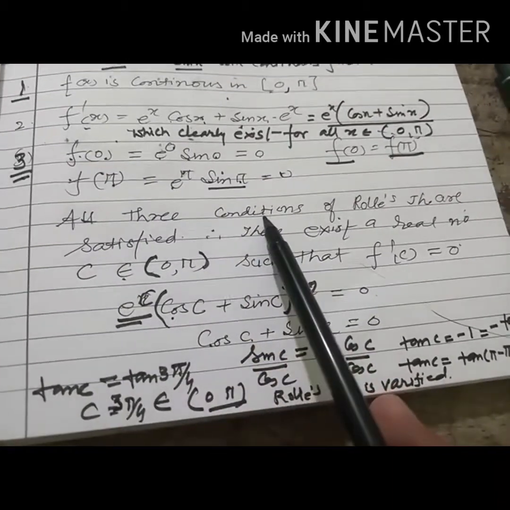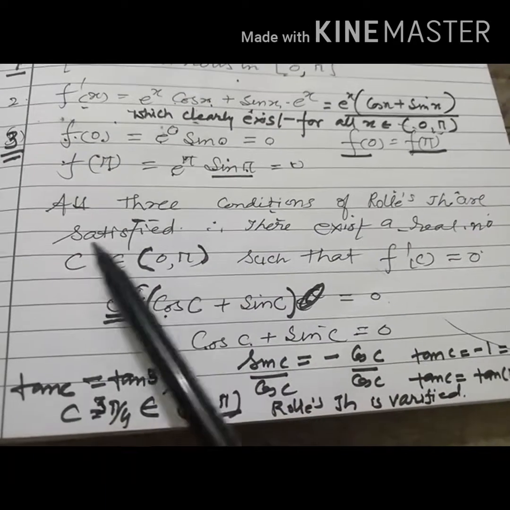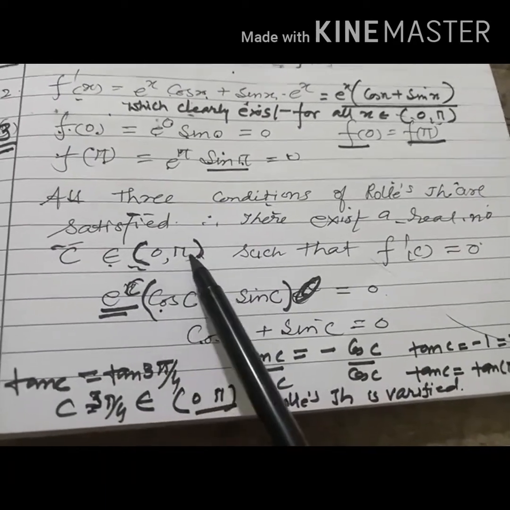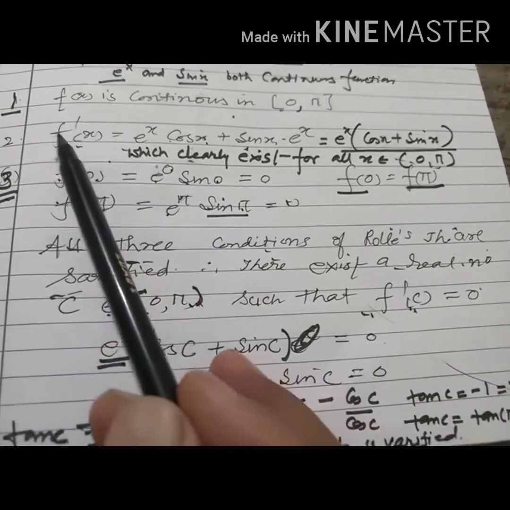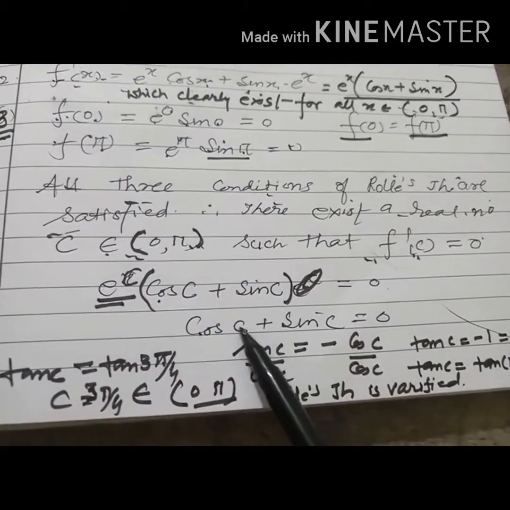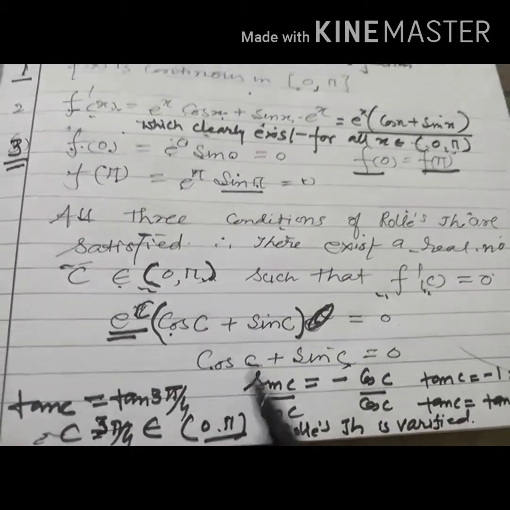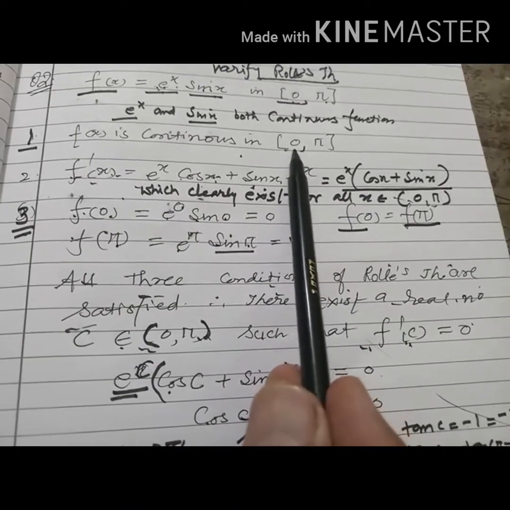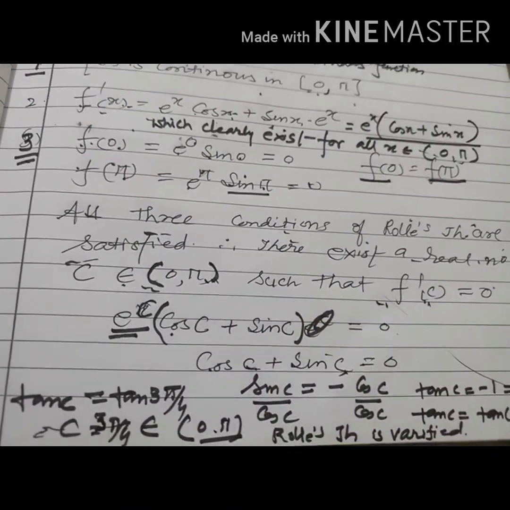If all the three conditions of Rolle's theorem are satisfied, then there exists a value of c in the open interval such that f dash c equals 0. F dash c you can find by putting c in f dash x. So try to get the value of c. Whatever value of c comes, this should belong to the open interval which is given in the question. So this is how you can verify Rolle's theorem.